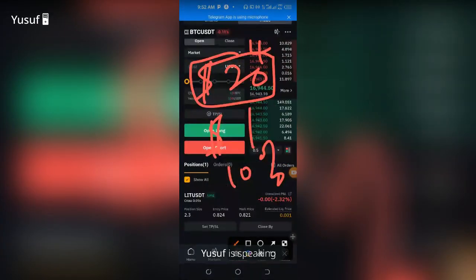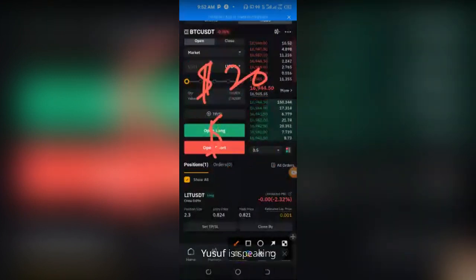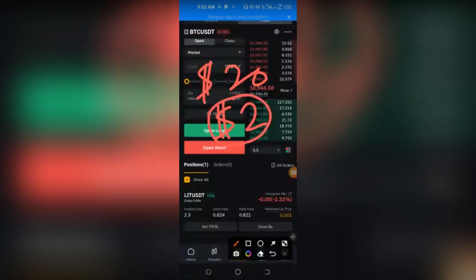When we do that, I think we have $2. So meaning that on one trade, you can be exposing $2 into trade, not more than that. Now, how do we calculate the profits?